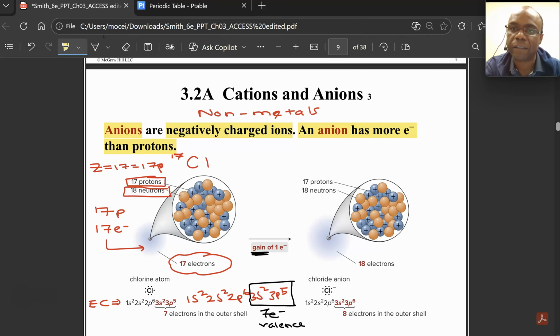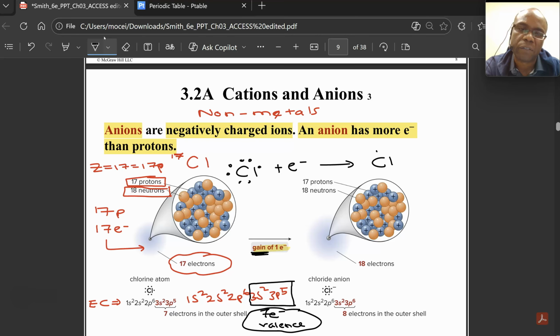So chlorine, which has 7 valence electrons, would rather gain 1 more. Now it has the octet state with 8 electrons, a stable state.